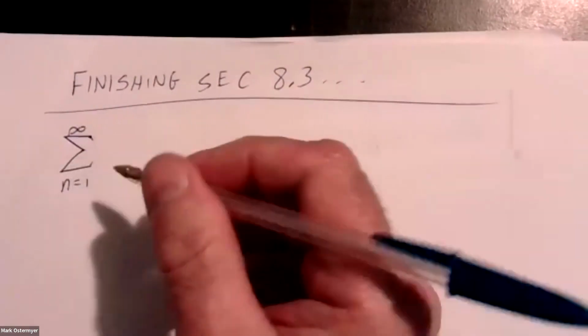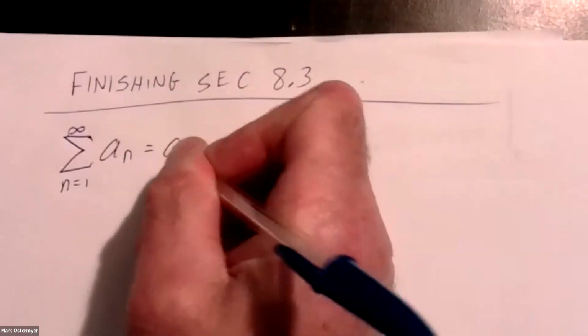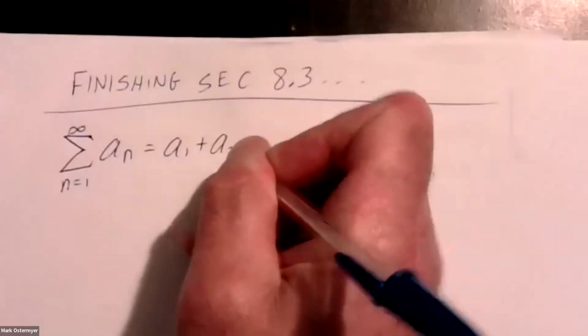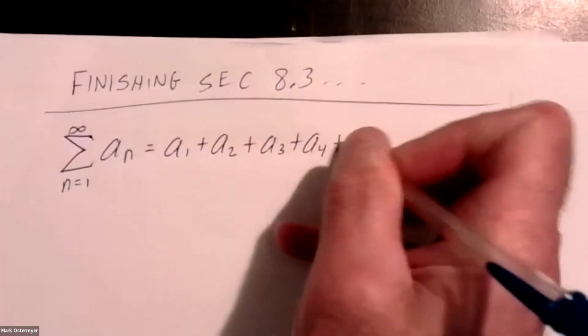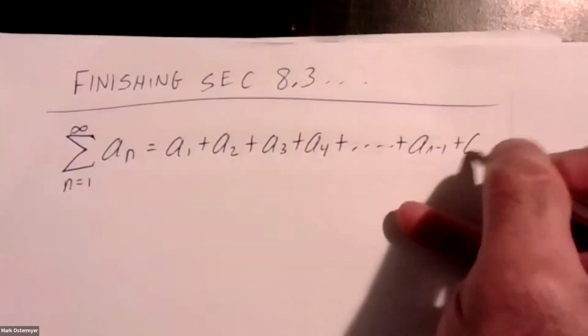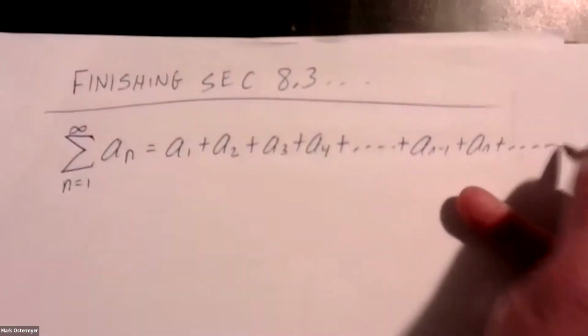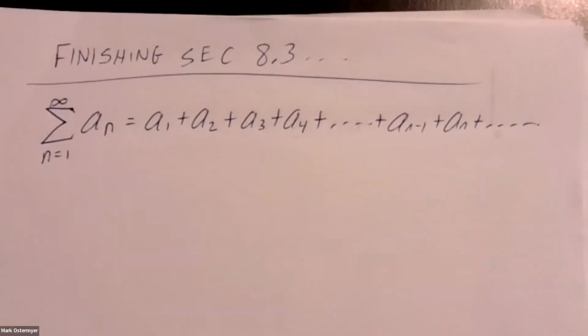Notice n goes from 1 to infinity, where we're going to try to add together an infinite number of terms. So this is an infinite series. We're going to be asked to try to evaluate this series by seeing if this infinite sum exists.